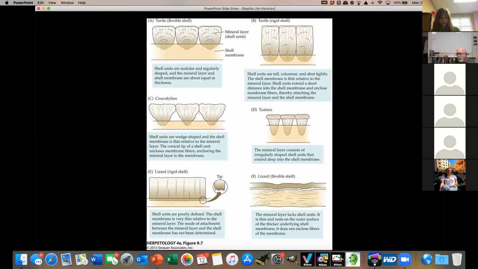In the same way, if I had asked you about this on the test, and Quinn, if you had said, well, it keeps them from breaking, I would have looked at that and said, oh, that wasn't the answer I was going for. The answer I was going for was desiccation, but breakage is certainly a reasonable advantage of having a shelled egg.